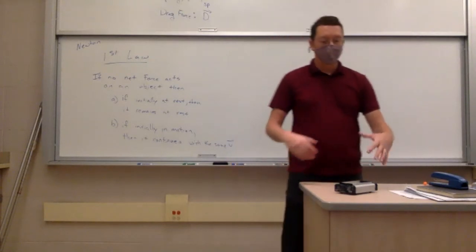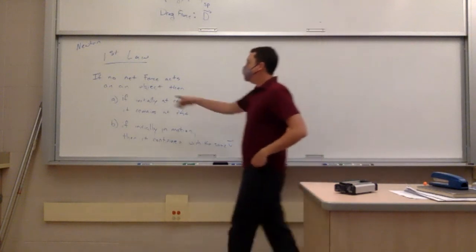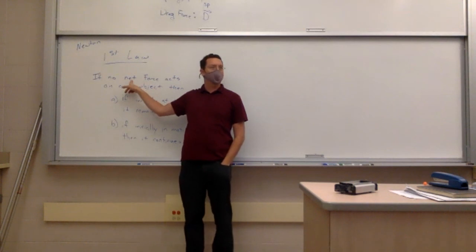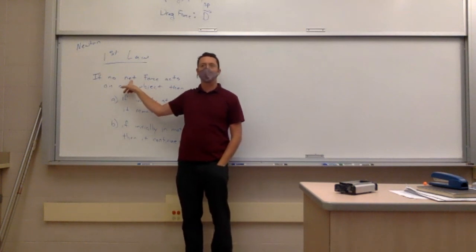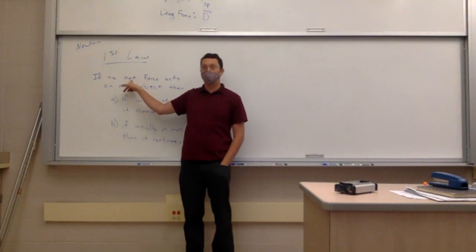There's no net force. What does net mean, first of all? I should have spelled that out. If I asked about your net income, what does that mean? Total. So that means you add in gains and losses after tax.